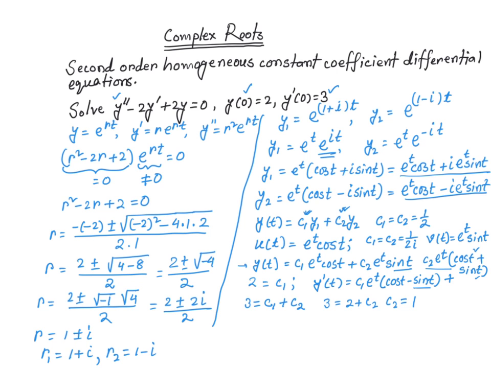So my final solution is y of t equals C1, which is 2, times e to the power t cosine of t, plus C2, which is just 1, times e to the power t sine of t. And this, by the way, should be your solution to this differential equation. I hope that this discussion was helpful. Thank you very much.